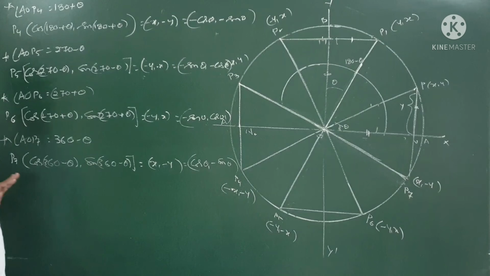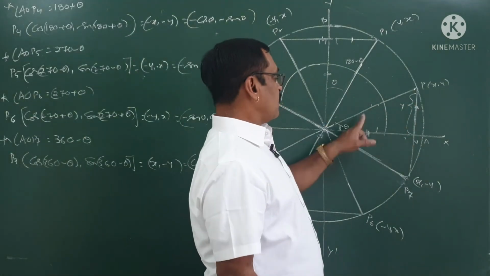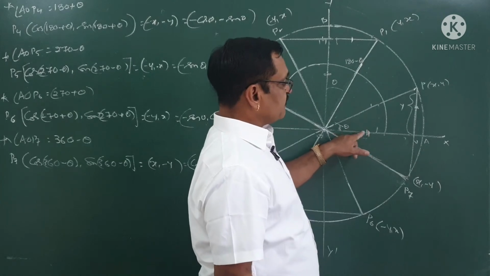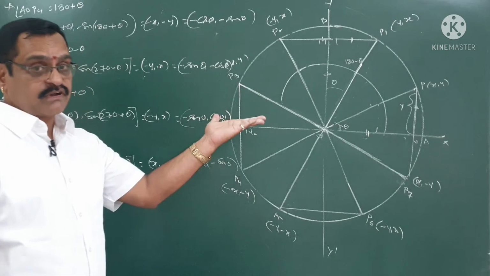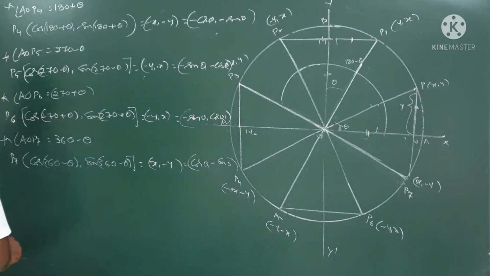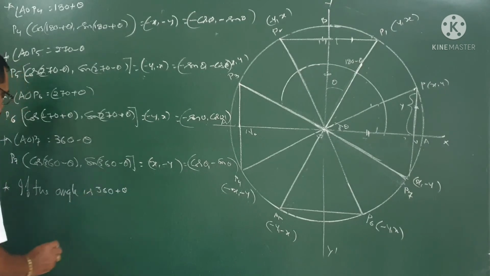Now suppose I go further. This angle will become 360 plus theta, and 360 plus theta is again in the first quadrant. Same thing we can have. If the angle is 360 plus theta, then P and P8 both will coincide.